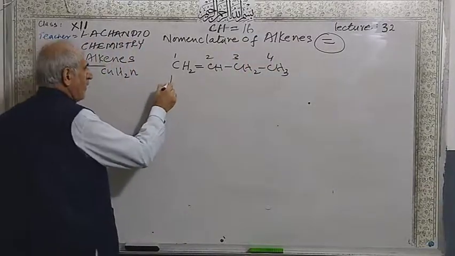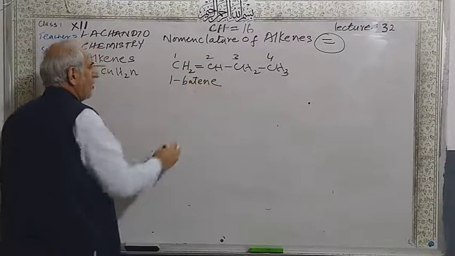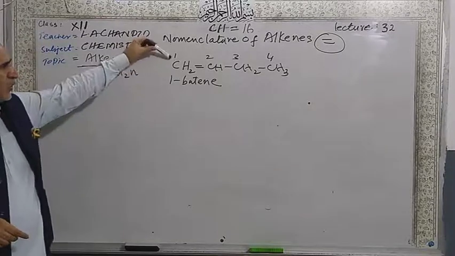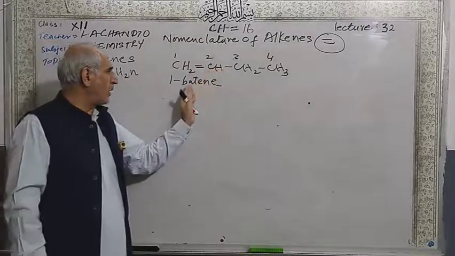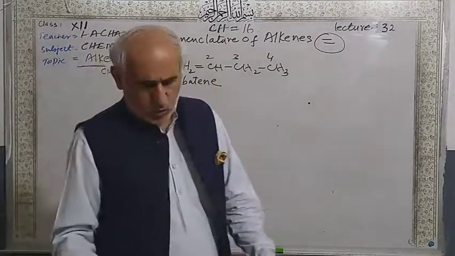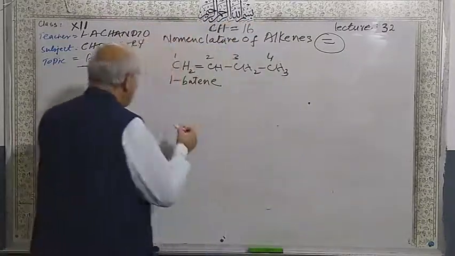This is called 1-butene. The 1 indicates the position of the double covalent bond in the 4-carbon chain. This is the simplest one.